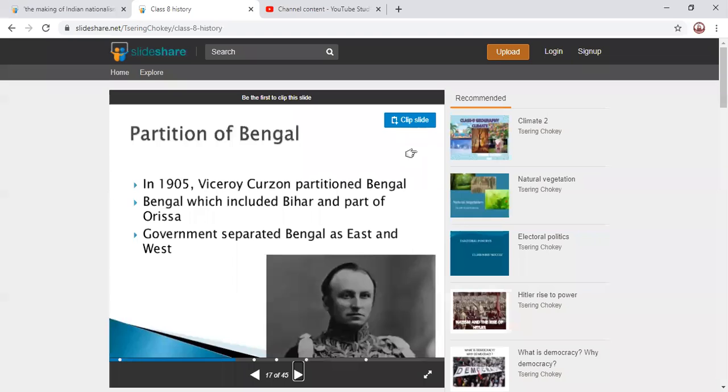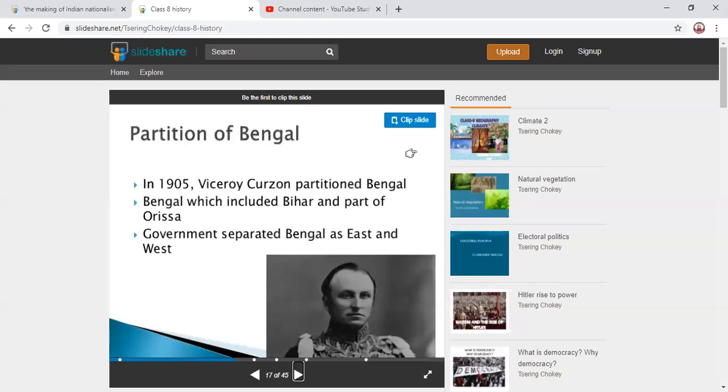Fourth one, to reduce the impact of INC, the Indian National Congress, the leaders, because at that time the maximum number of leaders in the Indian National Congress belonged to the Bengal province.